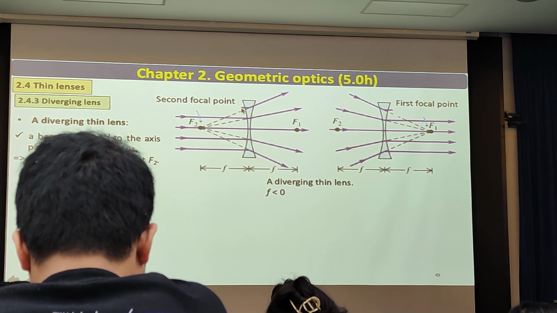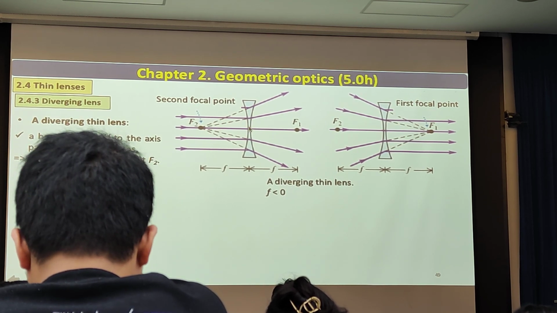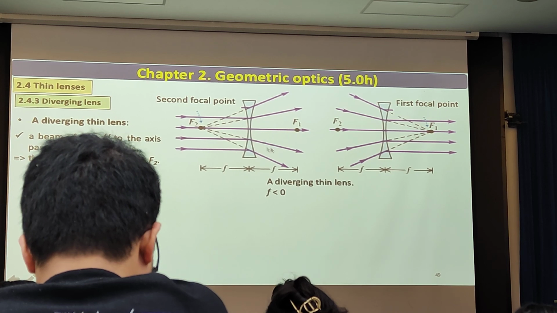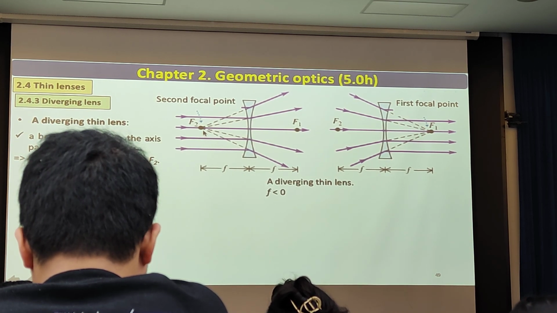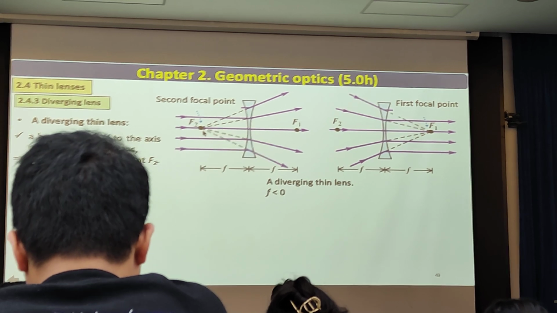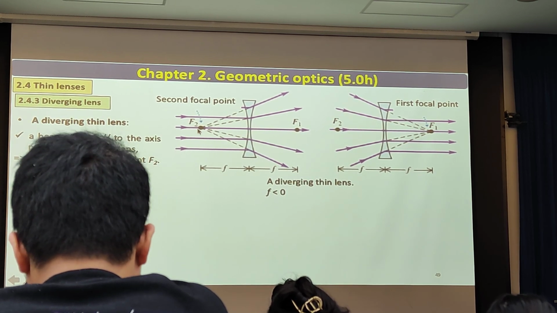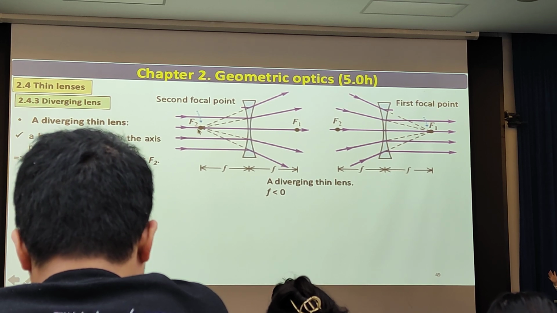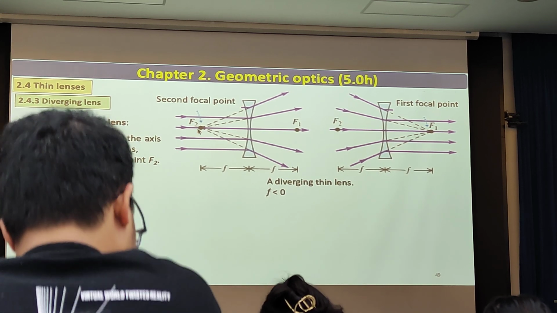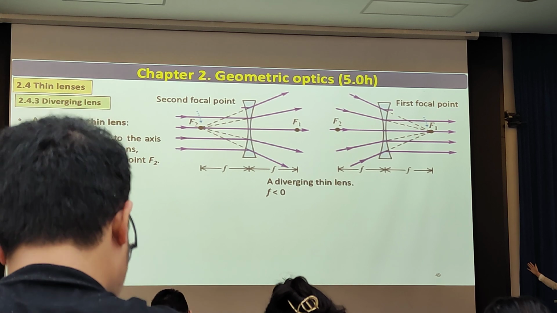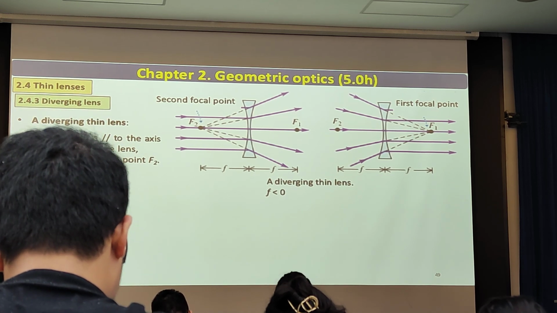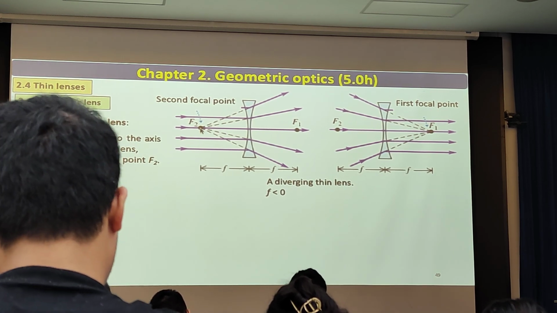So you see here, the outgoing rays in fact diverge and they seem to come from F2. That's why F2 is virtual and is located here. So now you understand why for the converging thin lens you have F1 and F2, but for the diverging thin lens, remember the image focal point is located here.